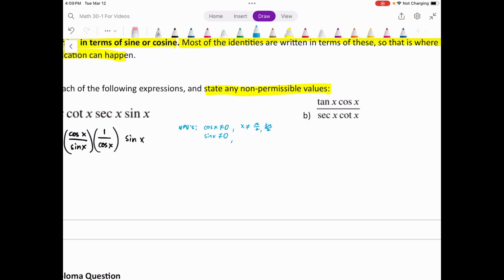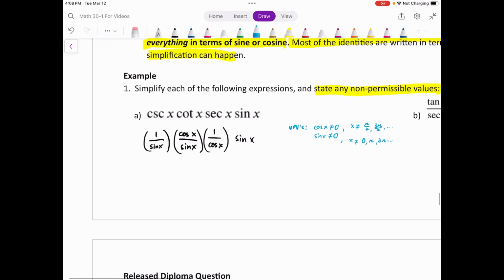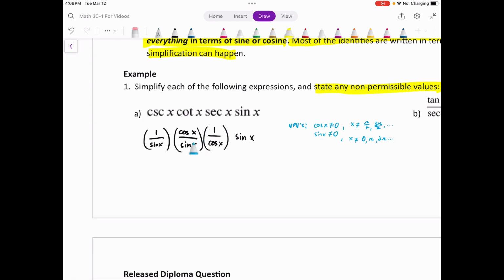For sine x, where does sine x equal 0? Whenever our terminal arm is on the x-axis, which makes the opposite part equal 0. So that happens when x is 0, pi, 2 pi, etc. Anything else for NPVs? I don't think so, because all we're dividing by here is sine x and cos x.